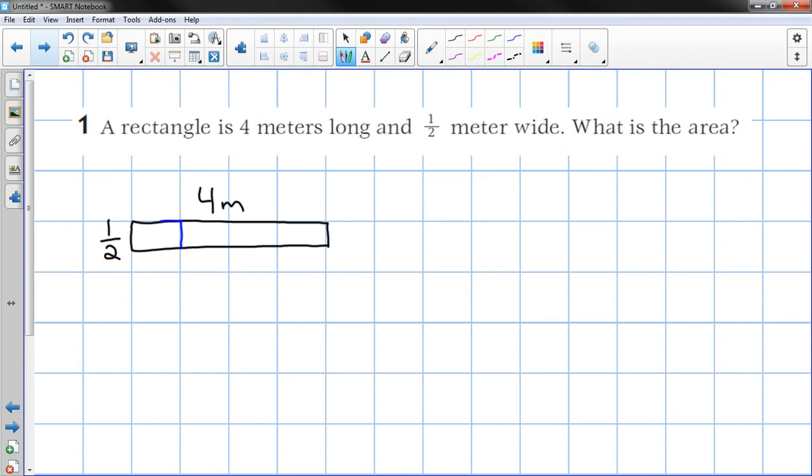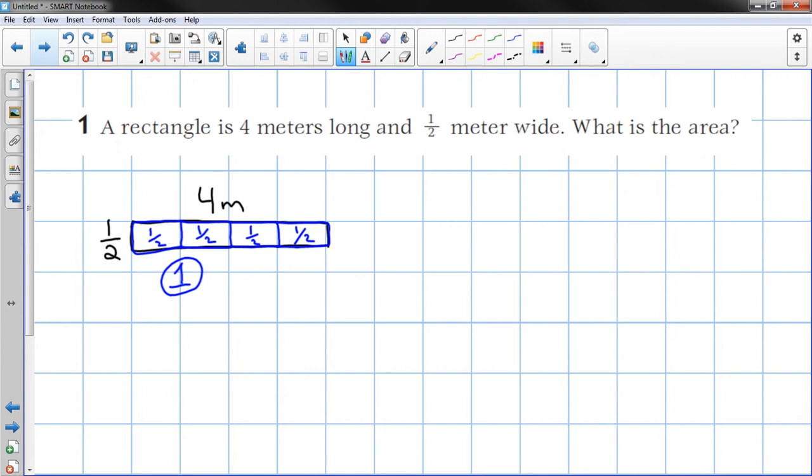So you'll see there's 1/2 there. There's another half there. Together that makes one whole. There's a half here. And there's a half here.